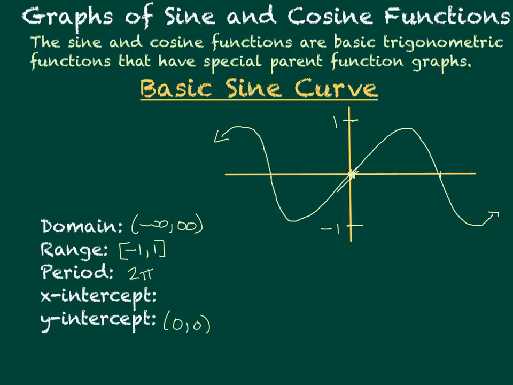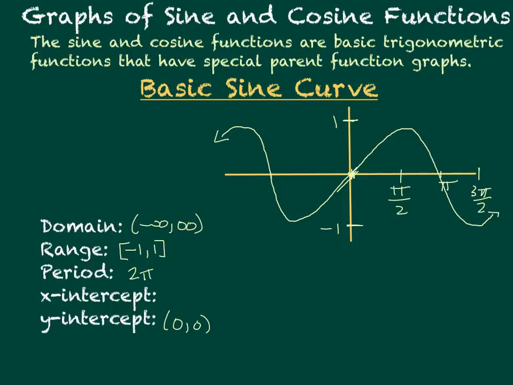So we want to generalize this type of intercept. The first one is 0, 0 right there, and then it goes up by pi over 2. That's the thing to remember, it always goes up by pi over 2, which is 90 degrees, if you want to think of it in degrees. So that's pi over 2, pi, and then 3 pi over 2.